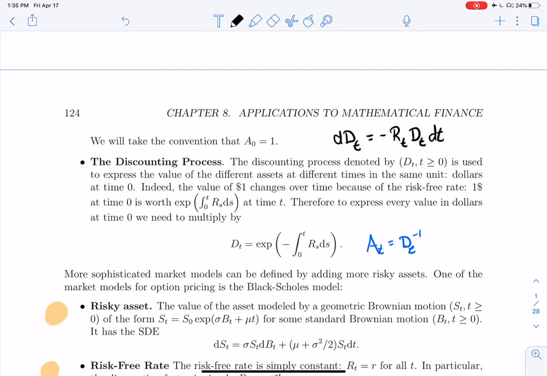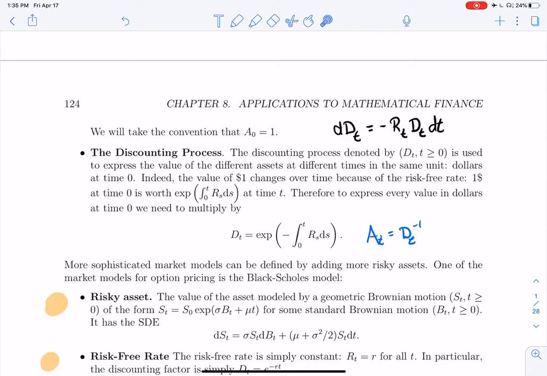Now, what's the meaning of the discounting process? It adjusts the value of money over time. If I have $1 today, then a year from now, because of interest rate and inflation, the dollar might not be of the same value. $1 today will buy me some stuff, and $1 in a year might buy me more stuff.